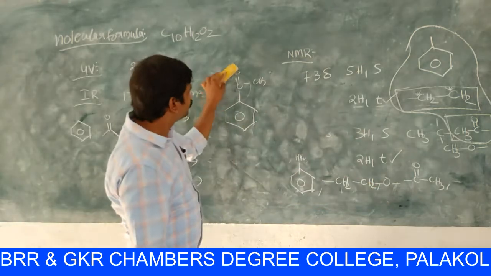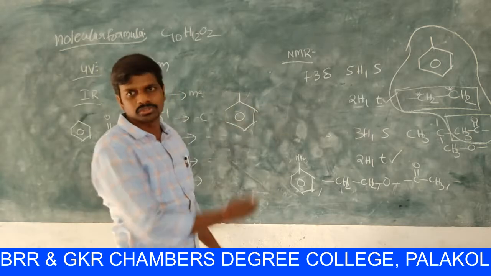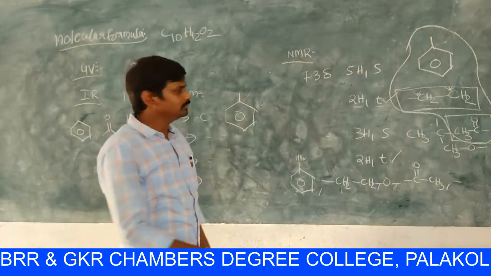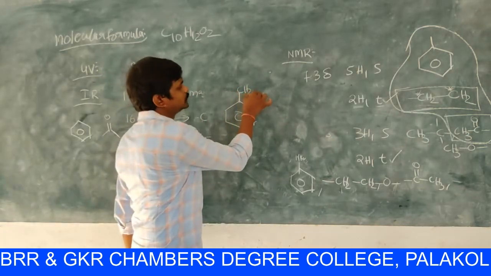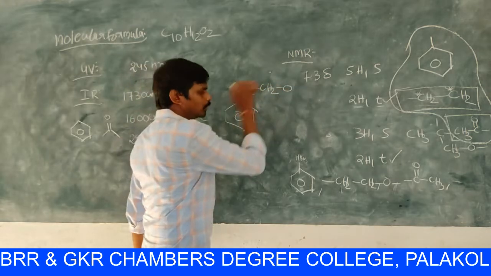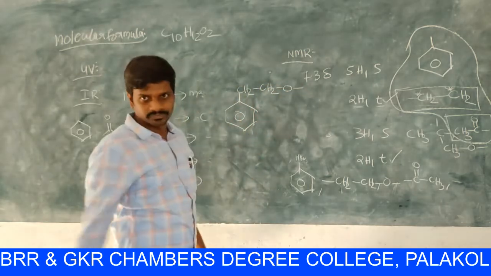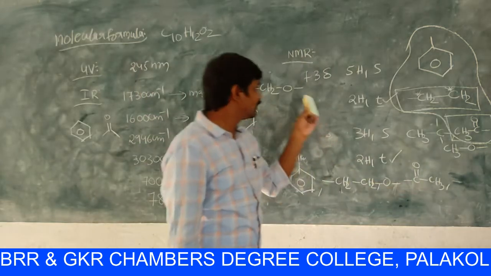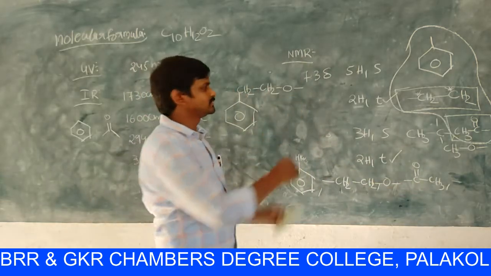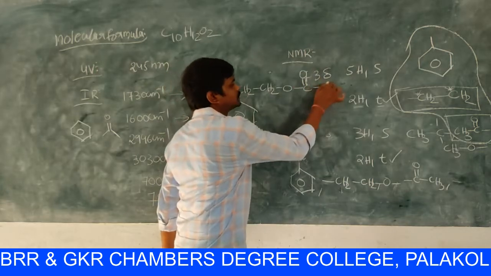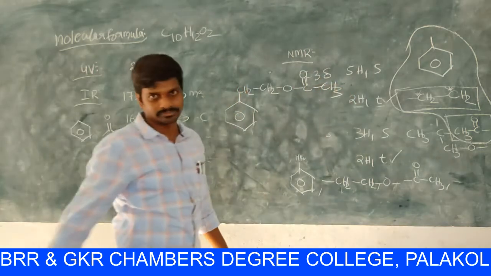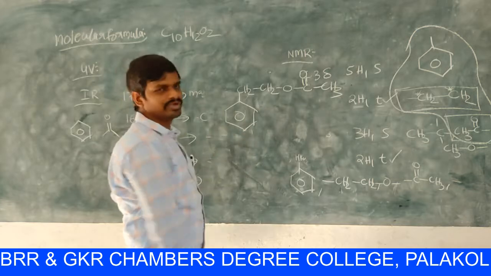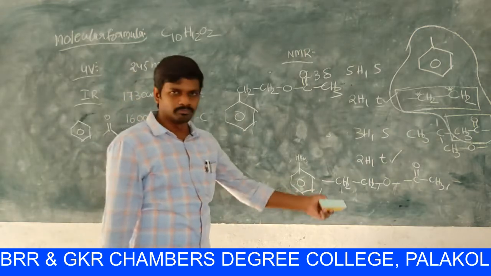So definitely we cannot attach the C double bond O CH3 to the monosubstituted benzene ring. So then we attach CH2 CH2O. This is one unit, and we have one remaining unit, C double bond O CH3. So we have one valence, and now I can attach C double bond O CH3. So this is the connectivity of the following moieties.